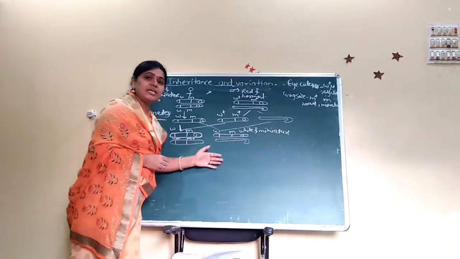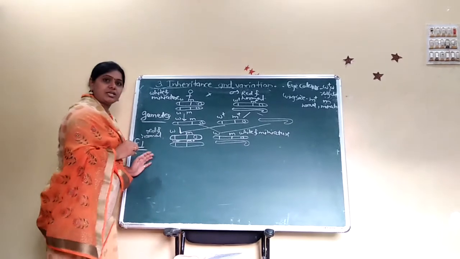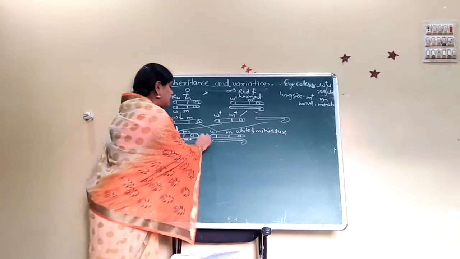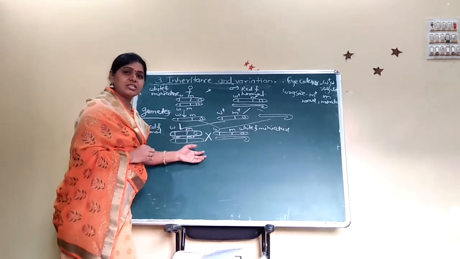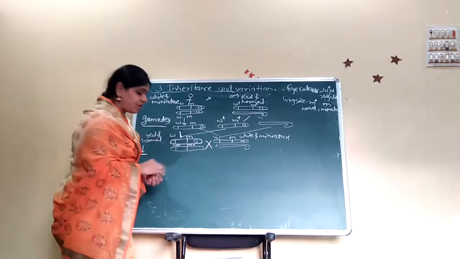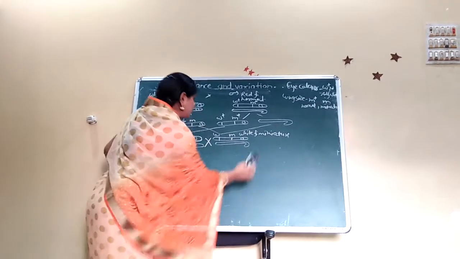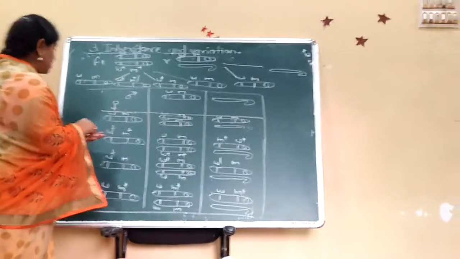When these F1 generation, this is the F1 generation, are selfing with each other, first of all the gametes are formed, then the F2 generation will be produced. This is the second cross.